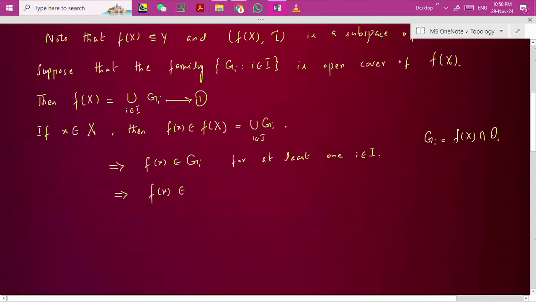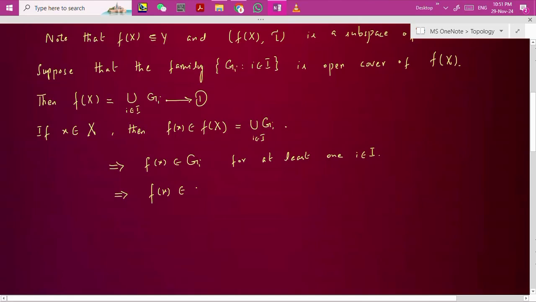Because f(X) is a subspace of Y, then G_i is equal to f(X) intersection O_i, where O_i is open in Y. So this is by the definition of subspace.